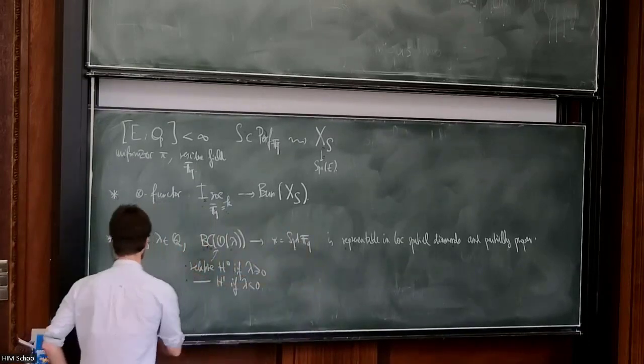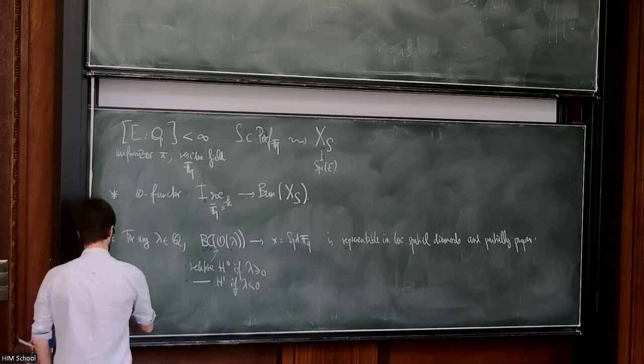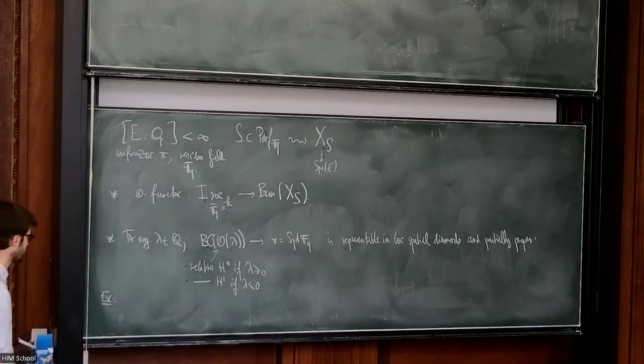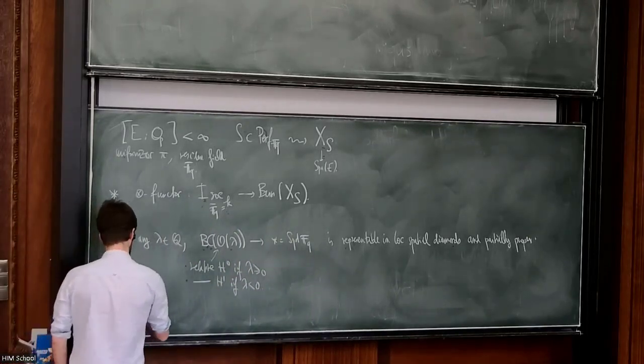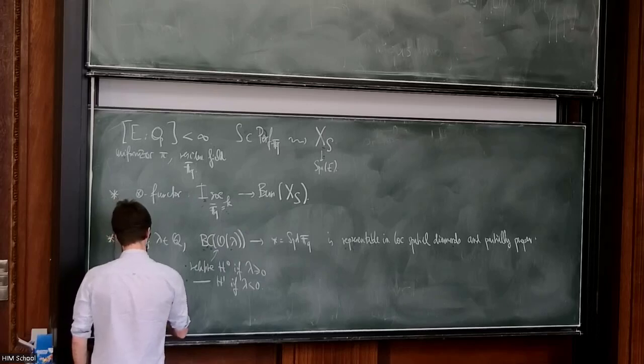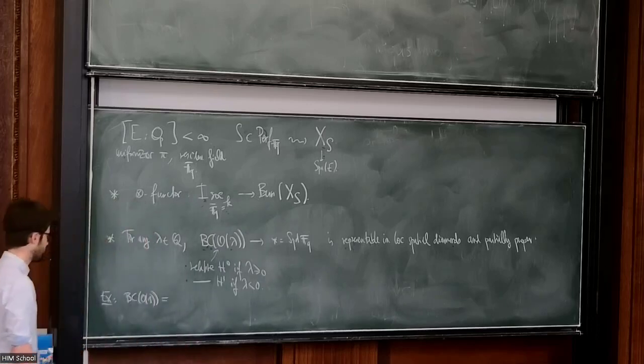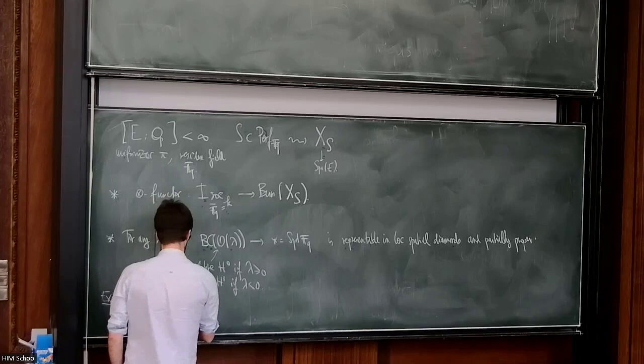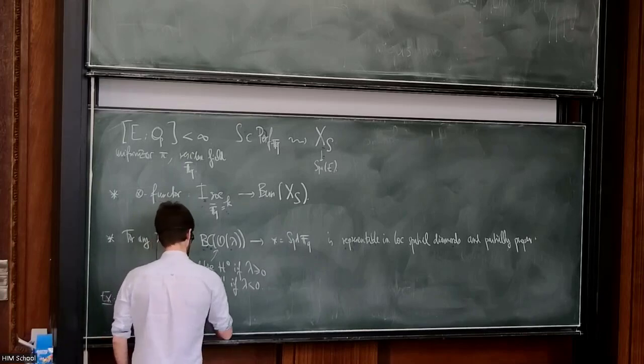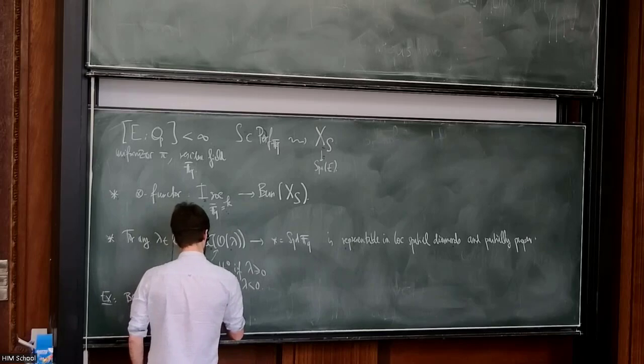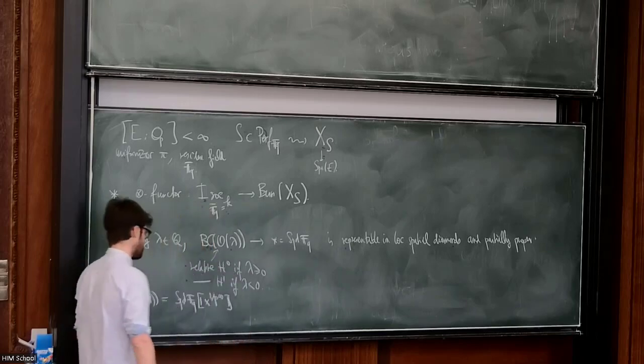Okay, and let me just also briefly recall a few examples. We saw that the Banach-Colmez space of O(1) corresponds to Spd of the perfectoid formal power series ring in one variable over F_q.